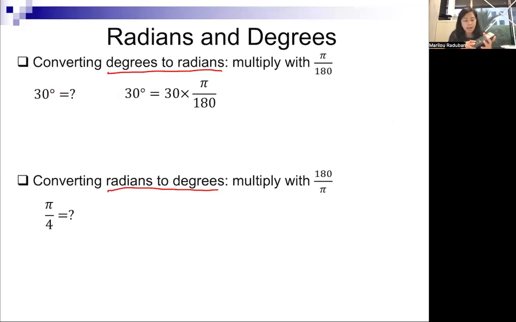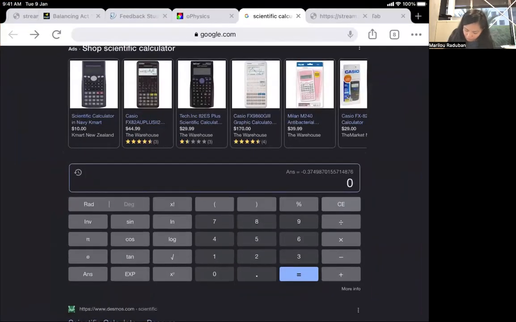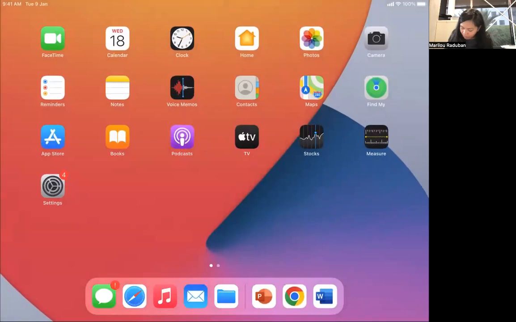Right, so that pi in your scientific calculator, it's that one that you have EXP.